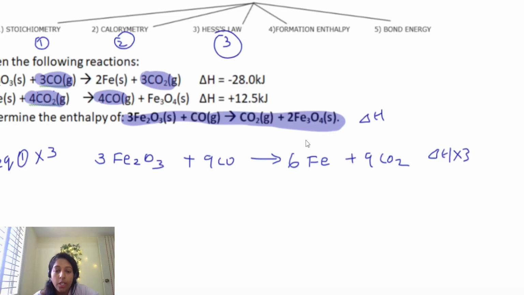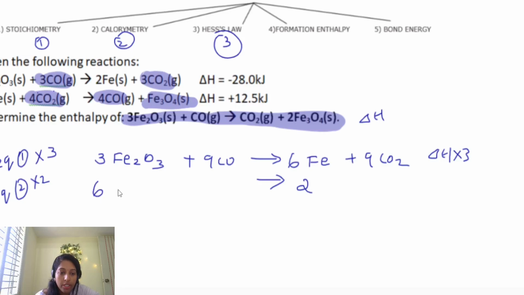Okay. Then what about the next one? 2Fe3O4 as a product. Yes, only one equation contains Fe3O4 as a product. Okay, Fe3O4 is only in one reaction, and we need it as a product. So this equation is already in product, and 2Fe3O4 you need. Okay, so we can multiply equation 2 by 2.